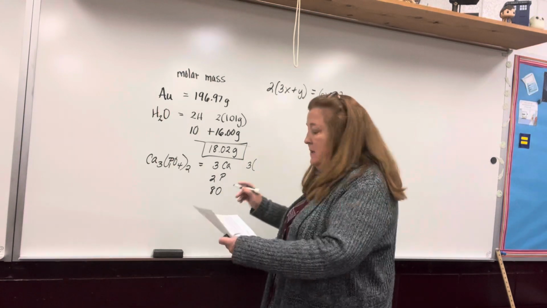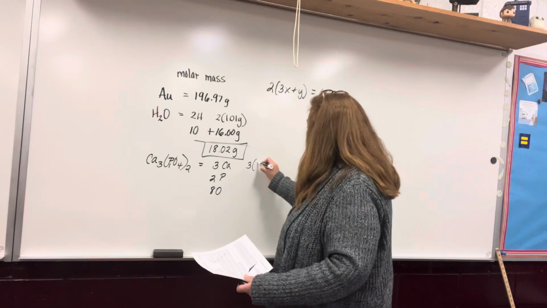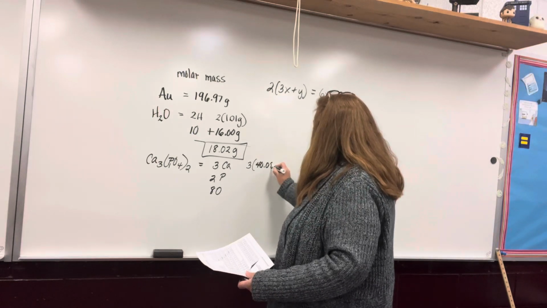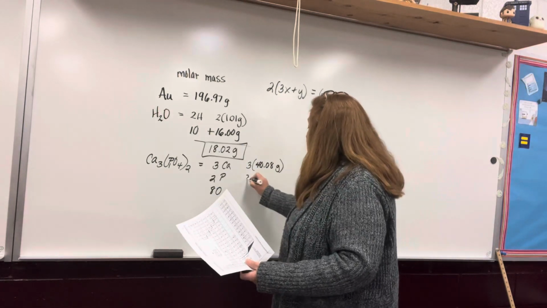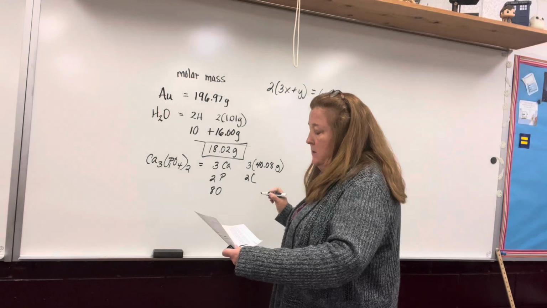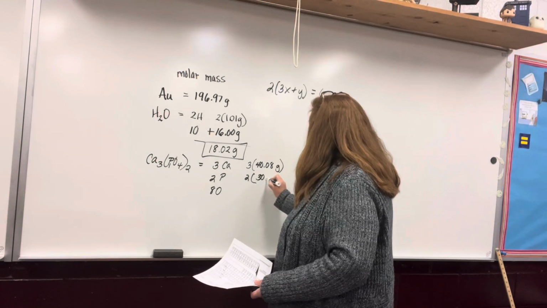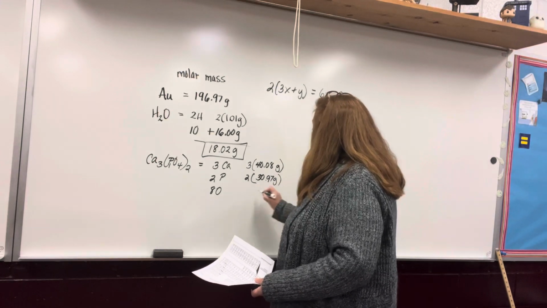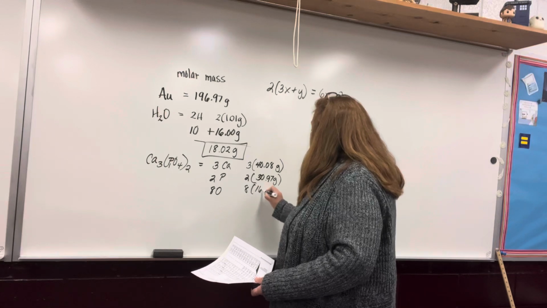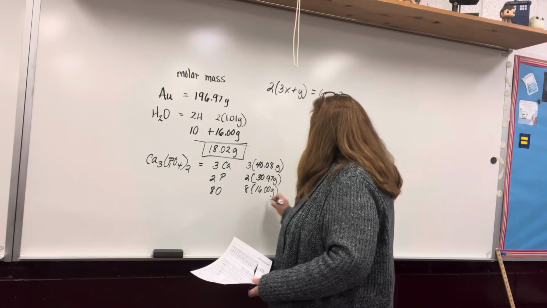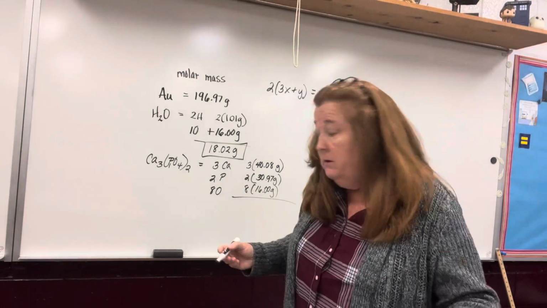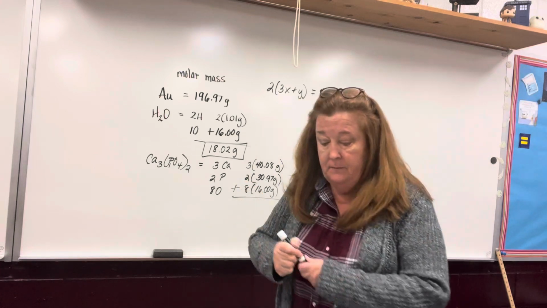So we're going to have 3 times calcium is 40.08. I'm just getting these off the chart. 2 phosphorus, each phosphorus is 30.97 grams. And then 8 oxygen, just like it was before, it's 16 grams. And I need a calculator for this one. You add them all up.